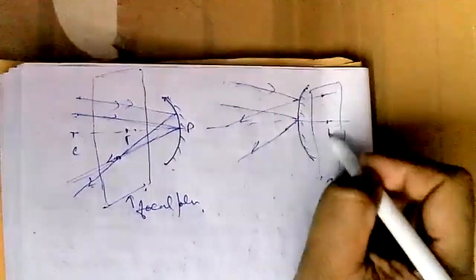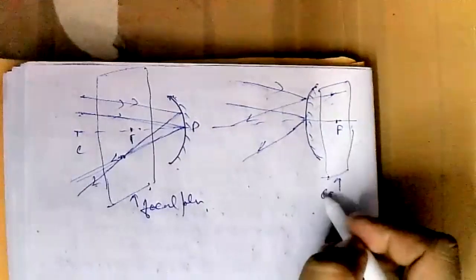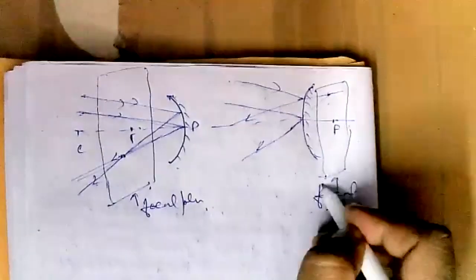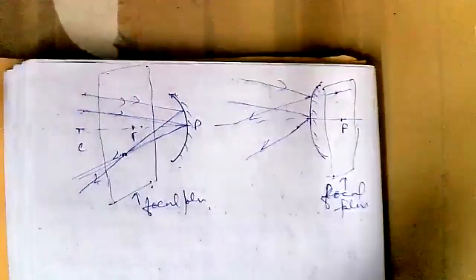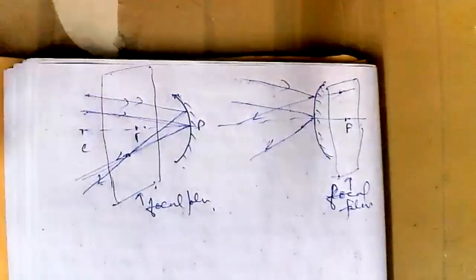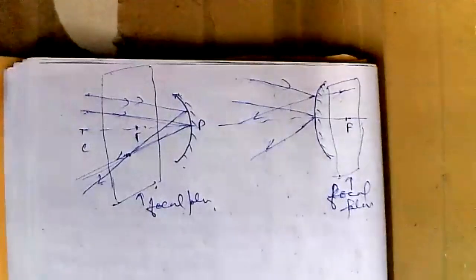So this is called the focal plane. Okay, is it understandable?